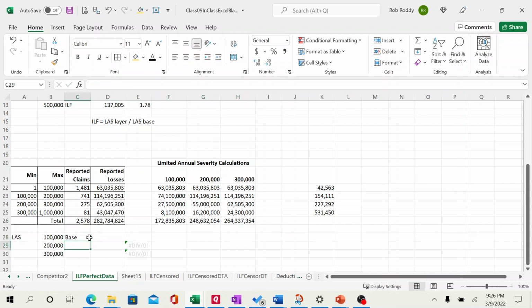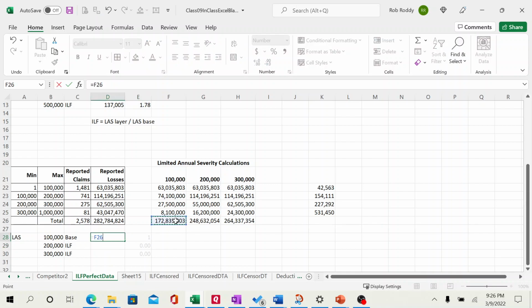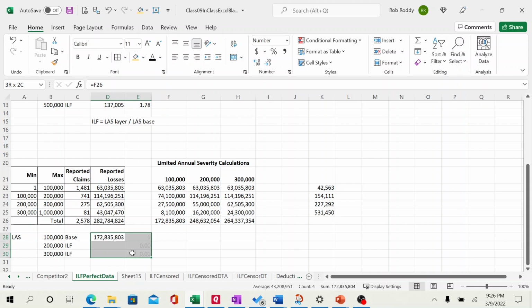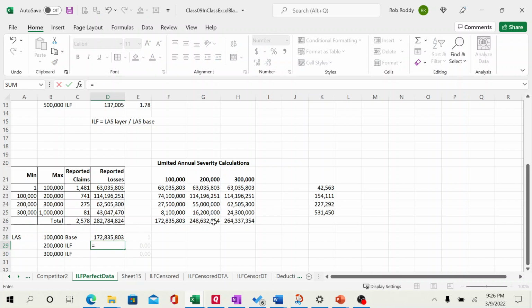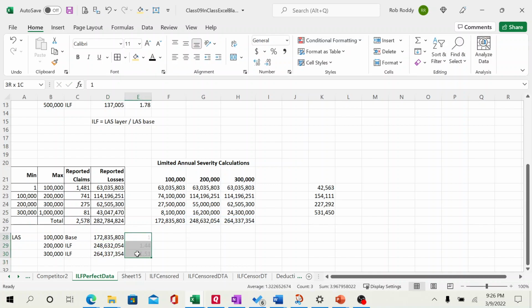This is your base ILF. So your base here will be 1. Your reported losses are, my apologies, $175,000. So again, this is your base.